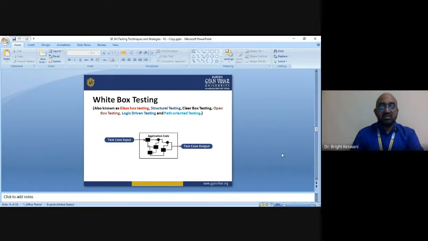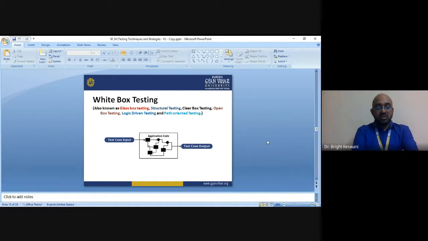Now let us discuss white box testing. It is known as glass box testing, structural testing, clear box testing, open box testing, logic driven testing, and path oriented testing. As I earlier said, white box testing is concerned with the internal functionality of the software. We can say it is concerned with the application code.